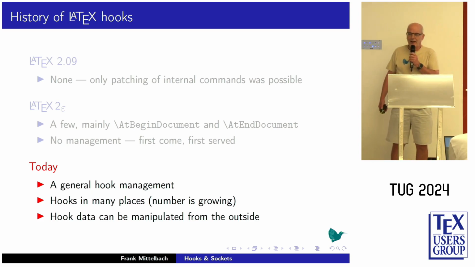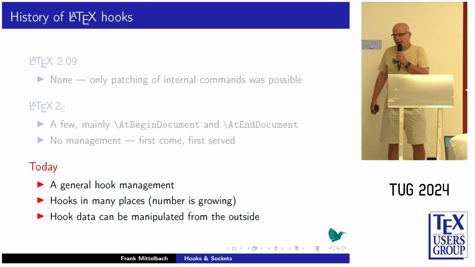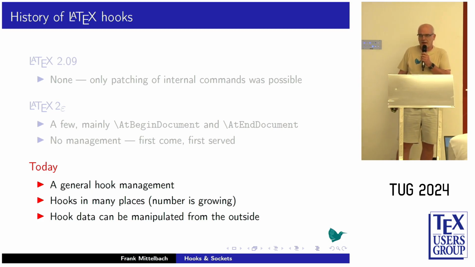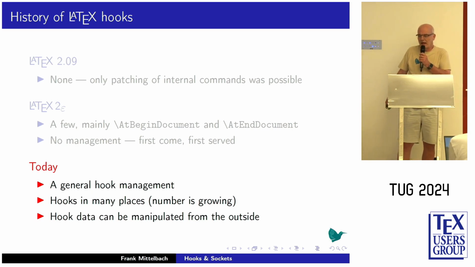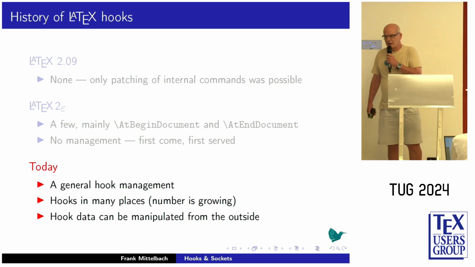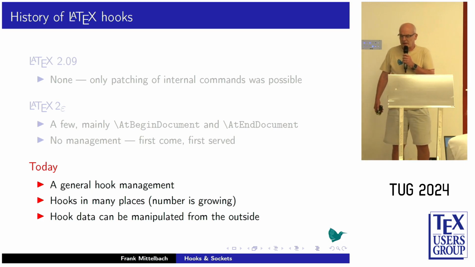And we can manipulate those hooks at different stages, if you like, from the outside. So you have data in the hook, and you might be able to manipulate that. You can add to it in the preamble, you can add to it in packages for hooks that are in the kernel or in other packages and so on. So there is a mechanism there now.